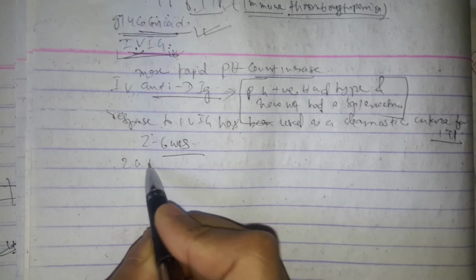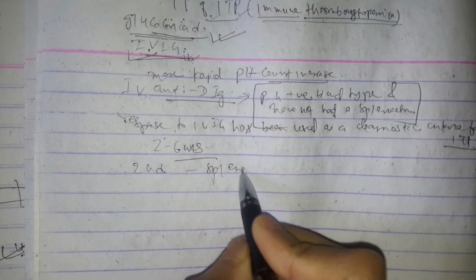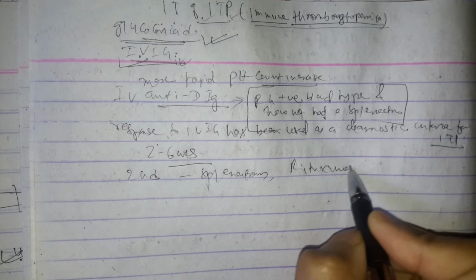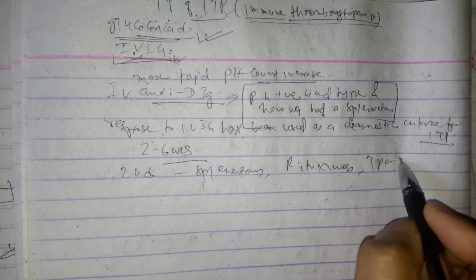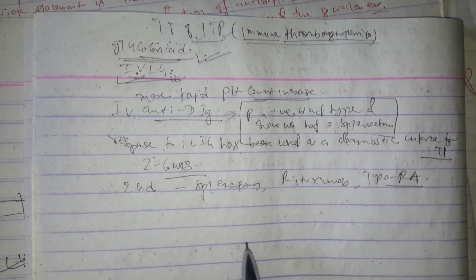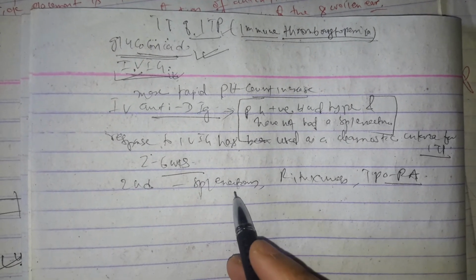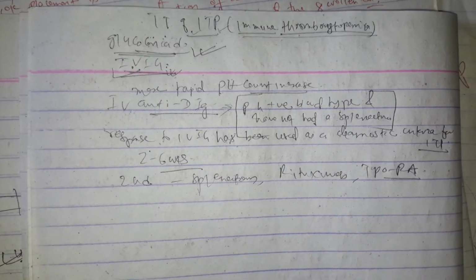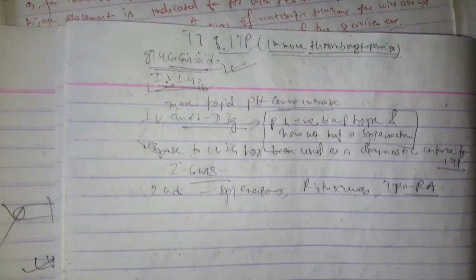And options for second line therapy include splenectomy, rituximab, and thrombopoietin receptor agonists, okay. For patients who have not had a good platelet count response to glucocorticoids and splenectomy, or who are not candidates or prefer to avoid splenectomy, we suggest rituximab.